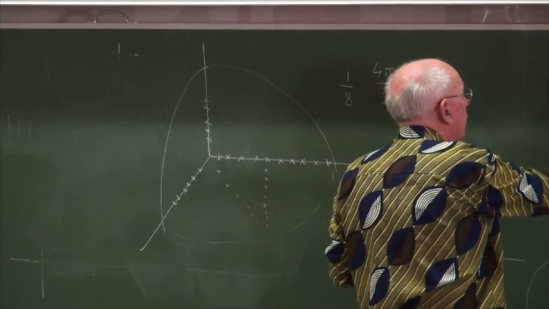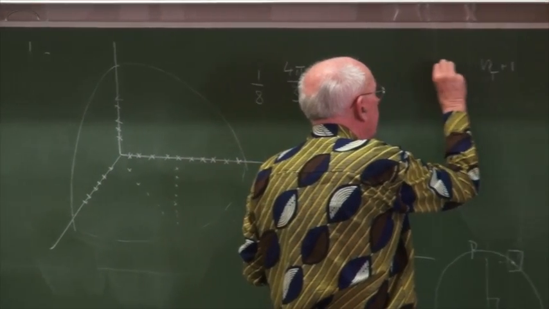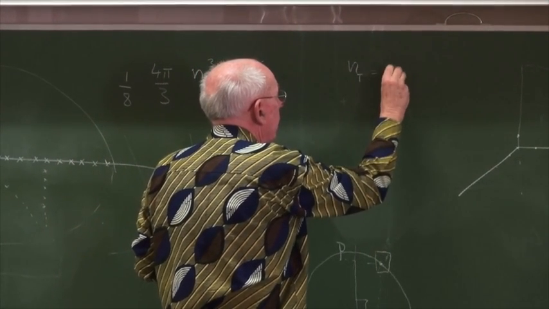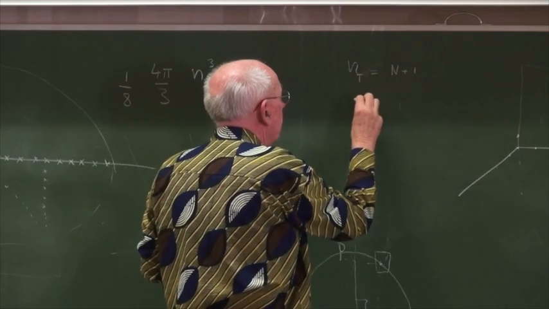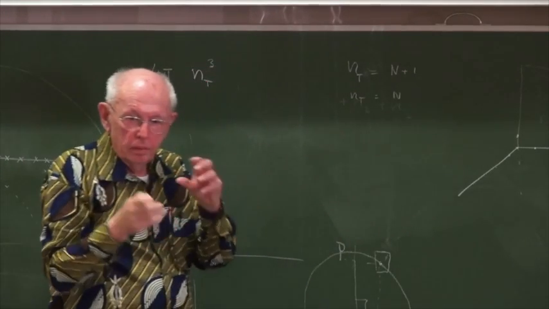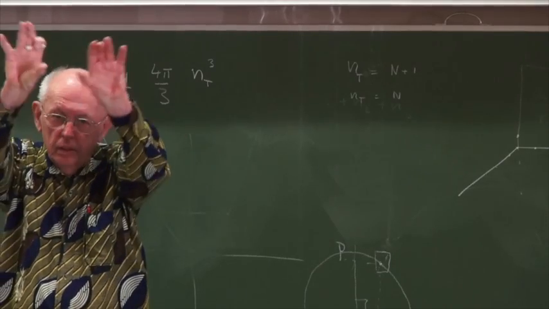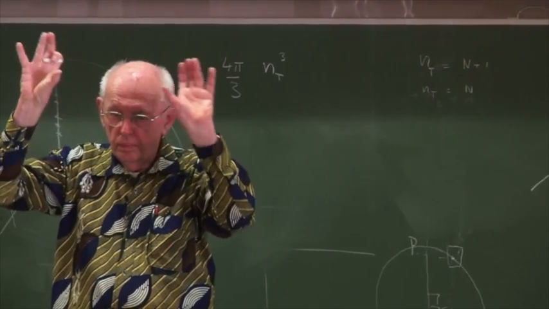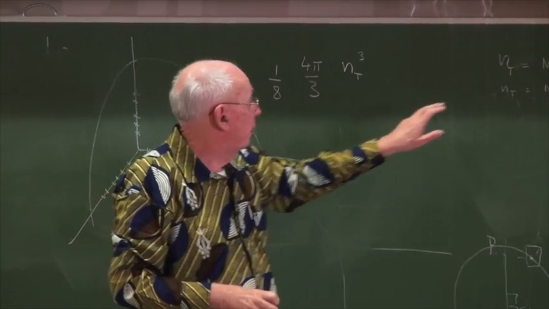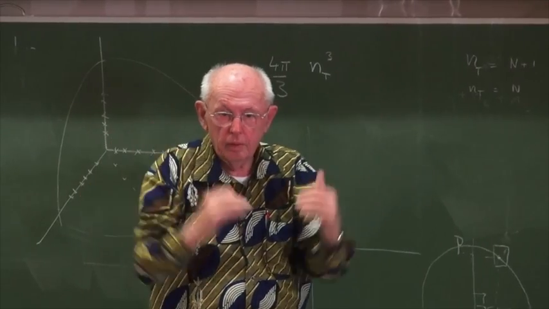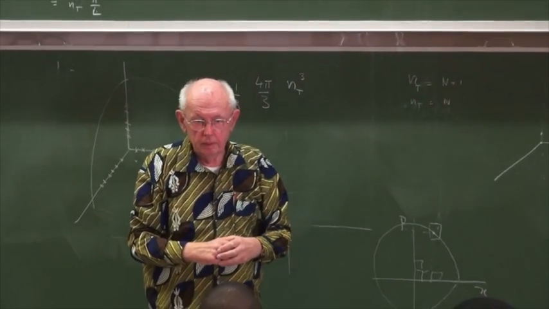I put in NT equal to N plus 1, and I put in NT equal to N, and I subtract the 2, and that gives me the rim around this. It gives me the number which have the value NT itself, and not just every number up to NT.